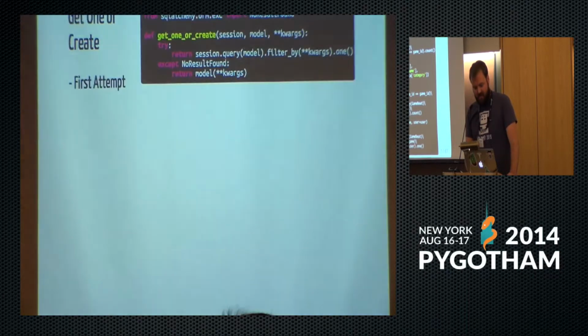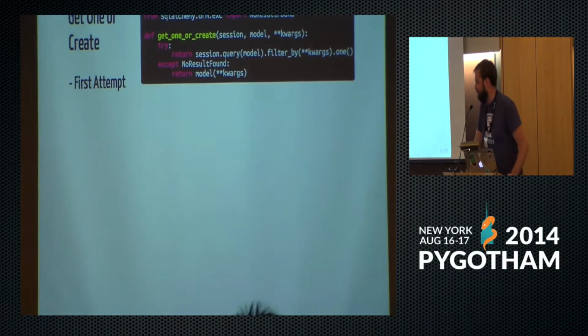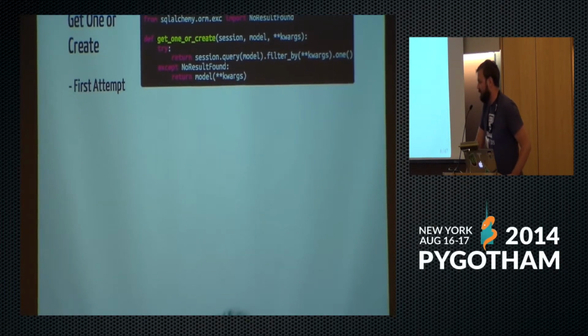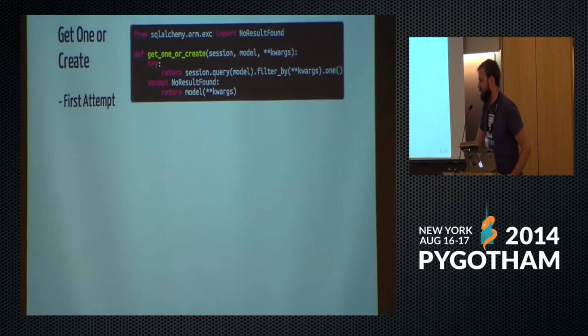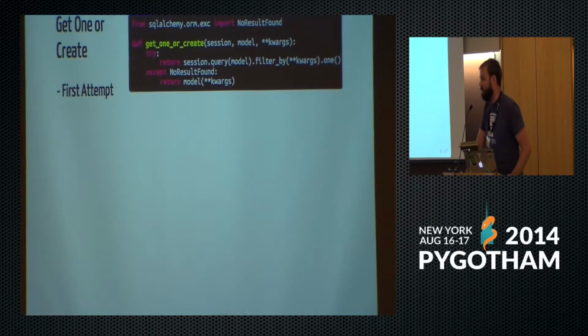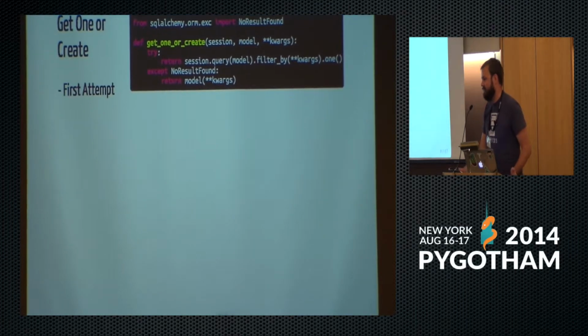So we're going to write a function, get one or create. It's going to take our session because that's needed to deal with the database, and then the model that we want to either get one or create, and then some keyword args that specify how we're going to identify that instance of our model.